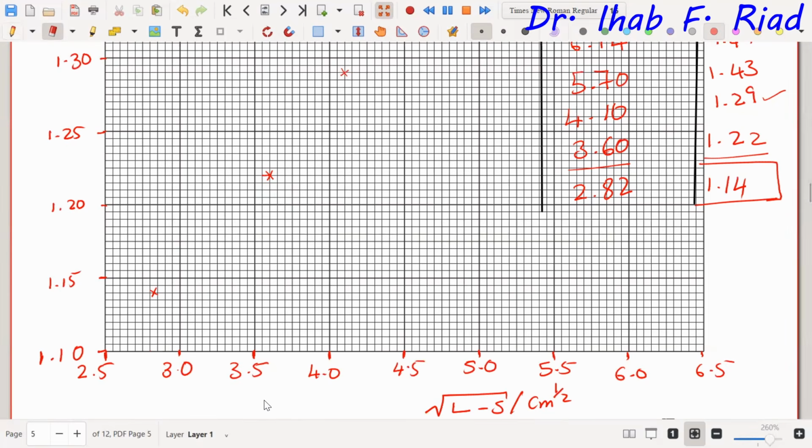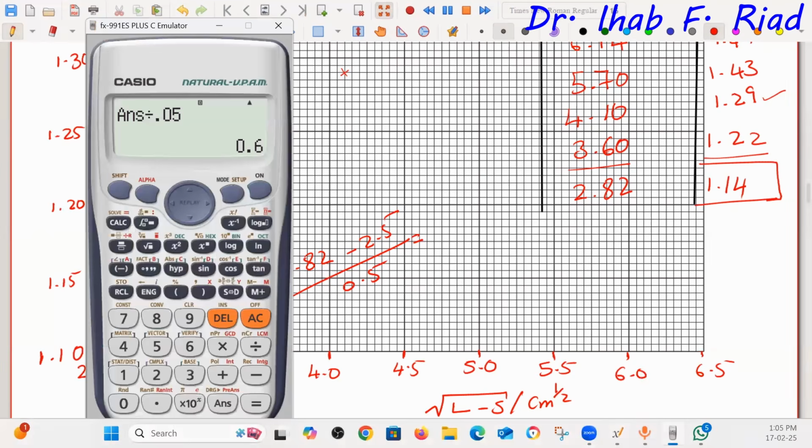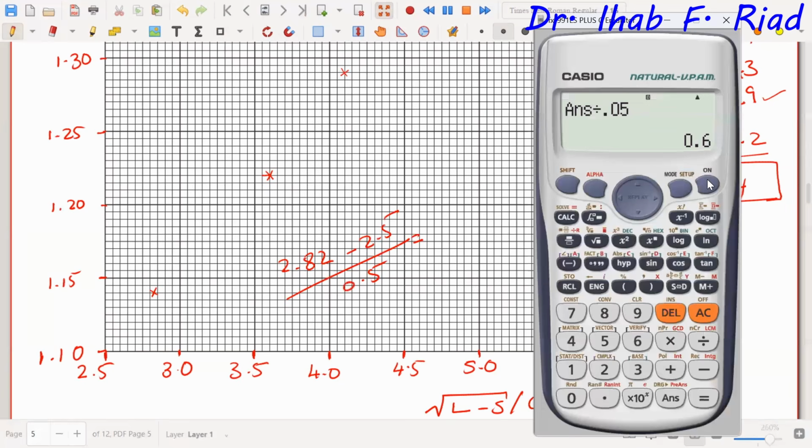Yes. Okay. Let us check if we did this one right. So it is 2.82. The closest to it is 2.5, and we divide by 0.5. 2.82 minus 2.5 divide by 0.5, 0.64.